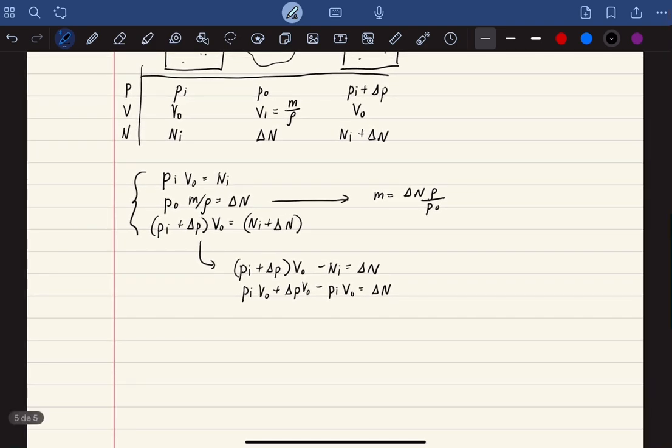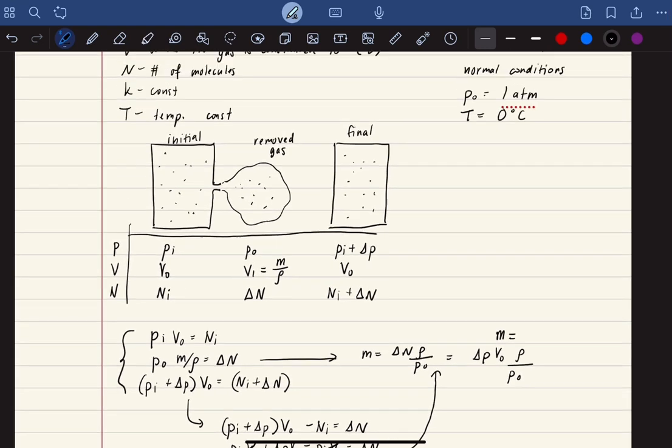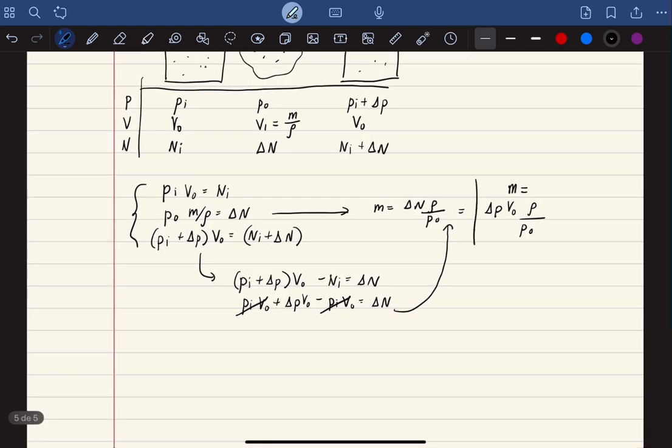Plugging that in, Pi V0 cancels out, and delta N is delta P V0. Substituting that in, m equals delta P V0 rho over P0. If you check the answer at the back of the book, it was exactly that. So that's your answer.